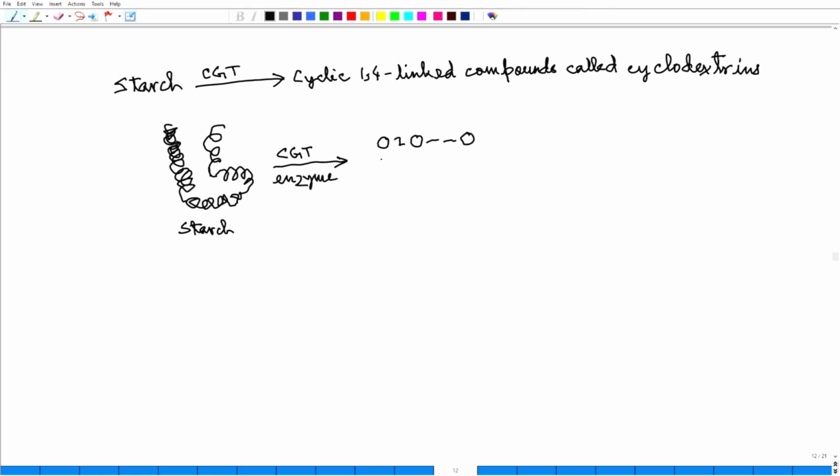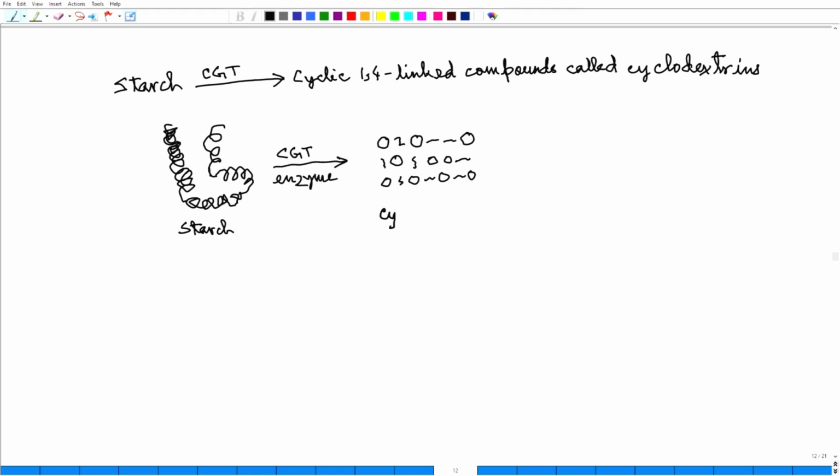So, a mixture of products, mostly cyclic, linear, cyclic, linear, cyclic, linear, cyclic.